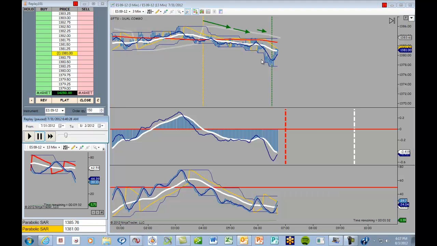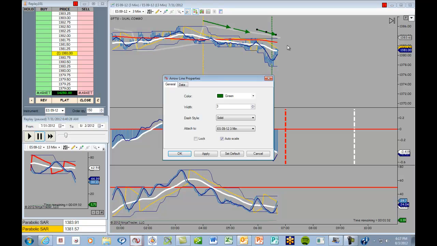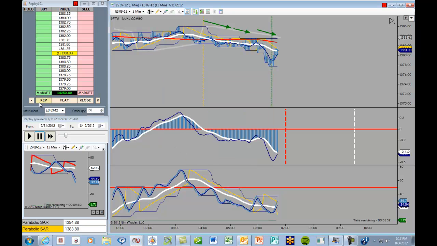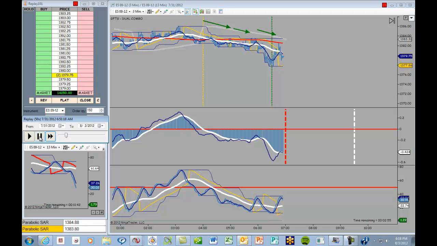Okay, and stopped out. All right, interesting. We're now in the vicinity of the first delta turning point, and we've got a little bit of divergence going on here.